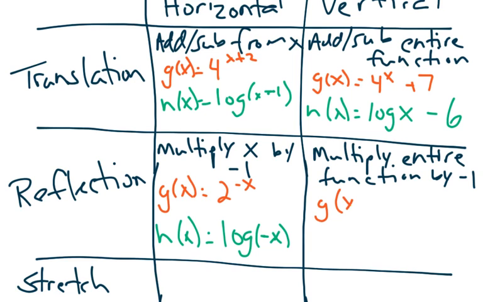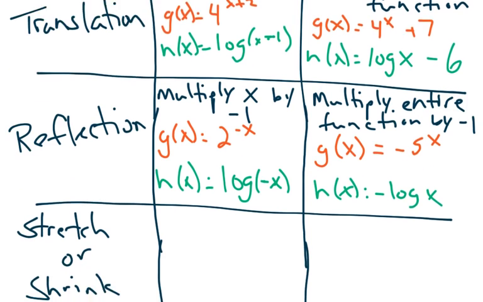So an example of an exponential function could be something like g of x is equal to negative 5 to the x power. Notice the negative sign is now out front. And for logarithmic, h of x is equal to negative log of x. Okay, that would be an example of a reflection over the x-axis, going from quadrant 1 down to quadrant 4, or quadrant 2 to quadrant 3, or vice versa.